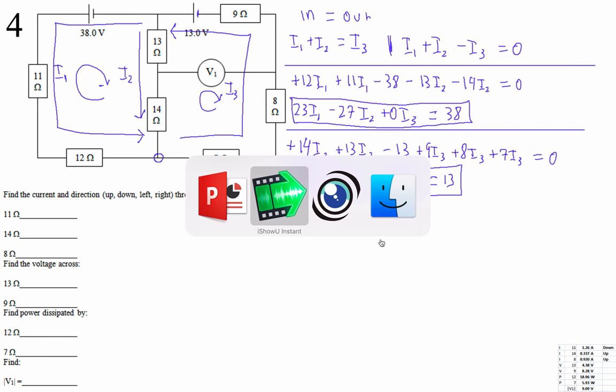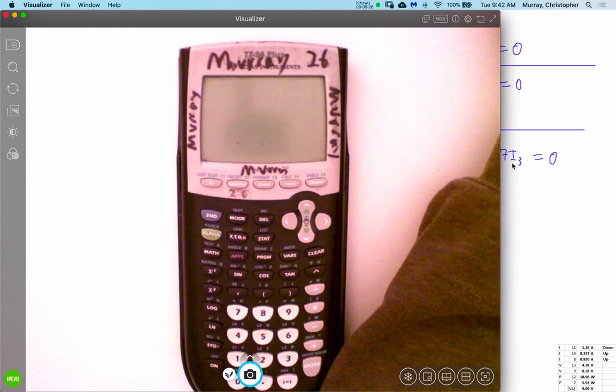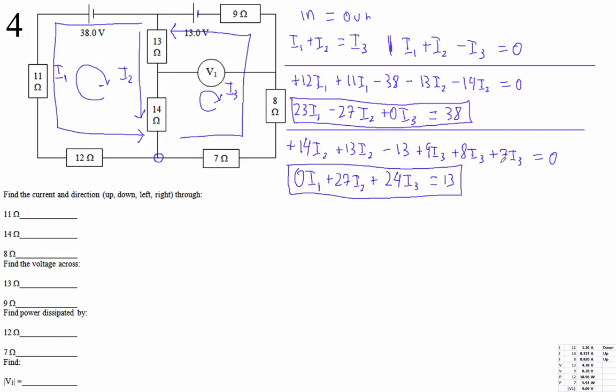Okay, let's see how much room we've got. Let's draw our matrices in here. I've got 1, 1, negative 1.